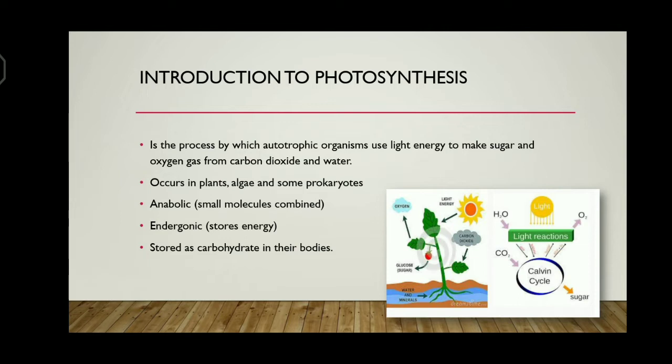In this process, autotrophic organisms use light energy to make sugar and oxygen gas from carbon dioxide and water. It occurs in plants, algae, and some prokaryotes. Anabolic, small molecules combined, endergonic, stores energy as carbohydrate in their body.